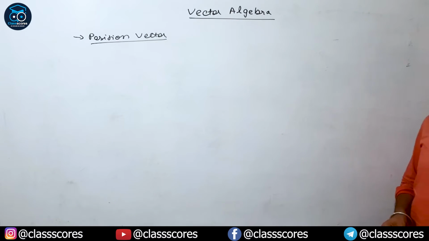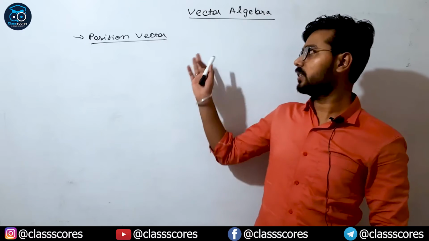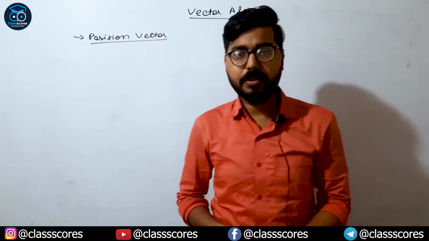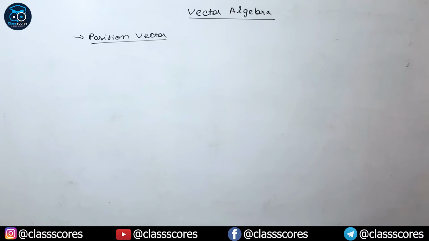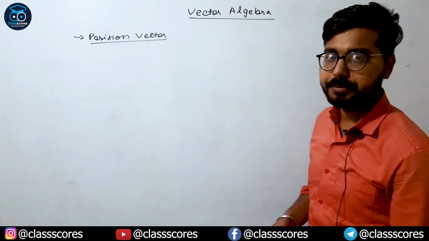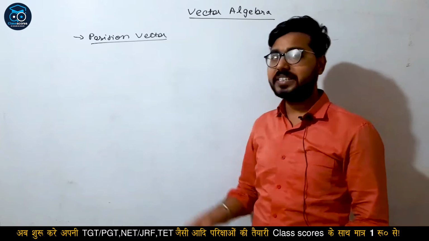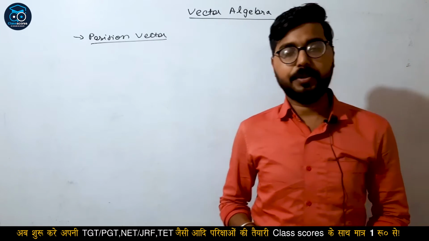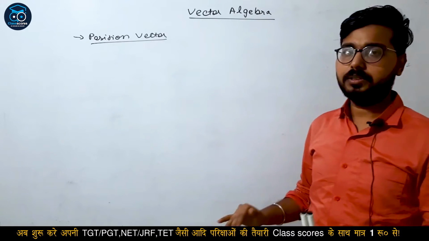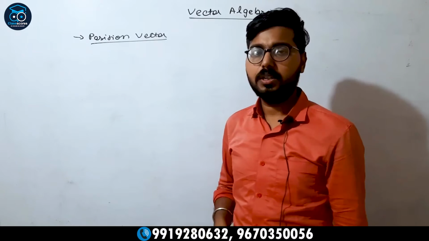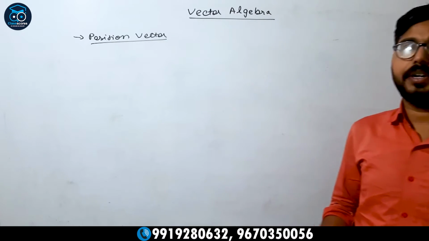Guys, this chapter is important from the exam point of view because this is the last second unit of our syllabus. It contains approximately 18 marks out of a total of 80 marks. It contains only two chapters: one is vector algebra and another one is 3D geometry. If you understand the terminology in this chapter, then you can solve the questions based on some conditions in our next chapter, that is 3D geometry and plane.